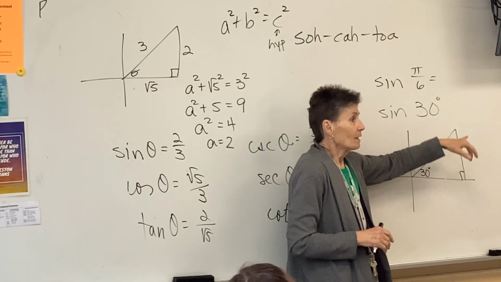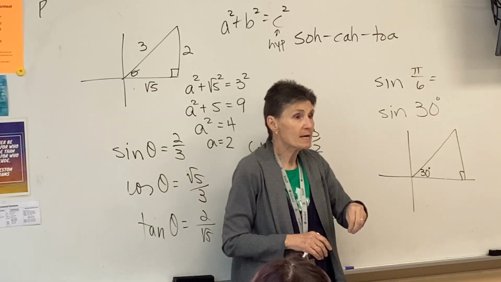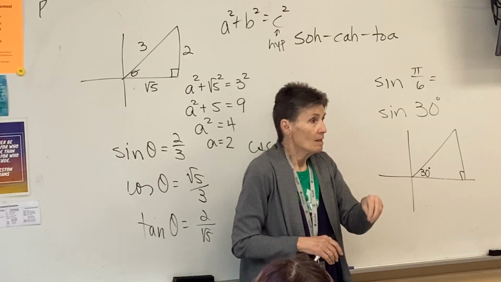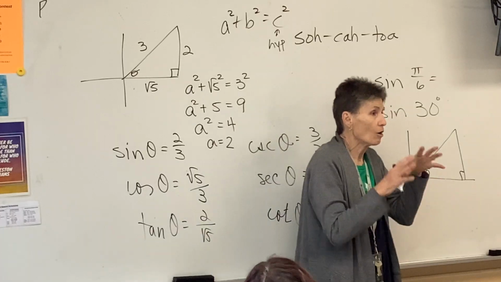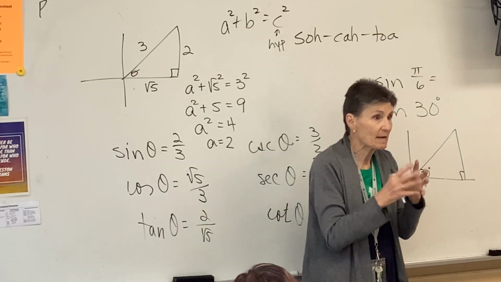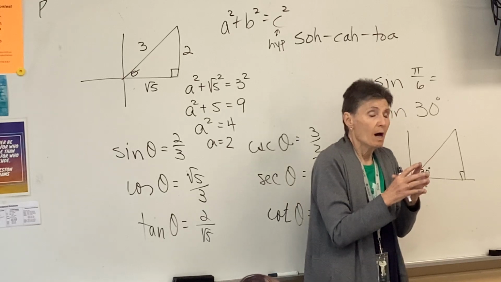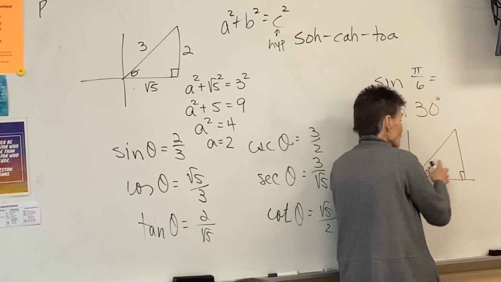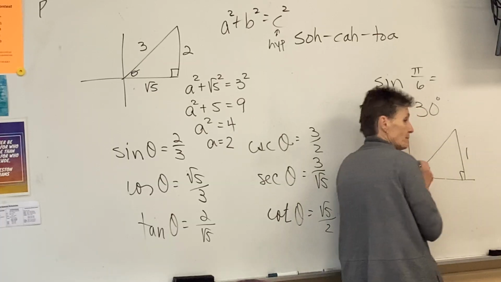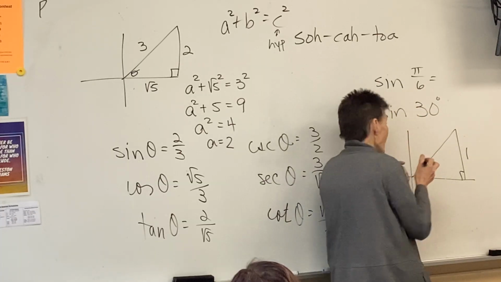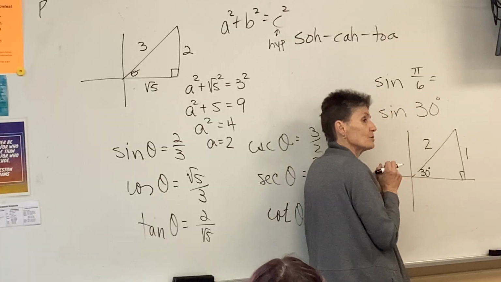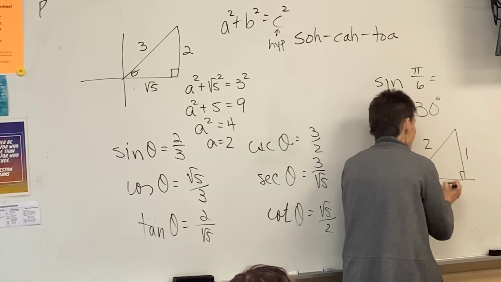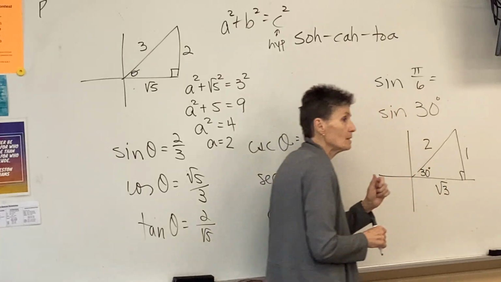In every 30, 60, 90 triangle, the sides are in the same ratio. Across from the 30 is 1. The hypotenuse is 2, and the 60, or the other side, is root 3.